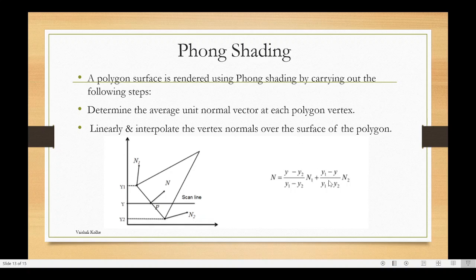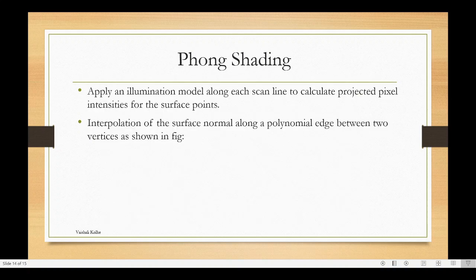Here the formula is given to interpolate the normal. Once we got the normal vector at all the vertices, then the in-between normal vector can be calculated by using this formula. Then it applies an illumination model along each scan line to calculate the projected pixel intensity for the surface point.